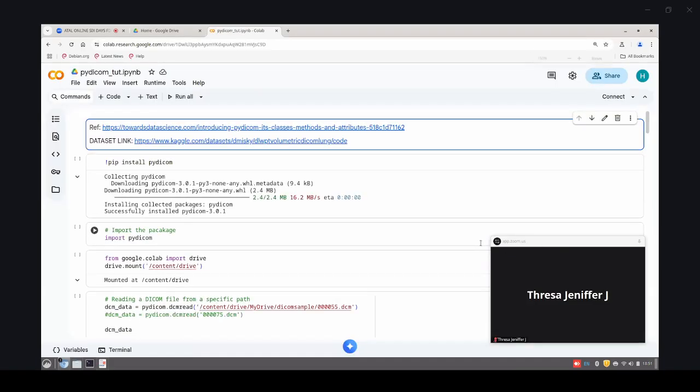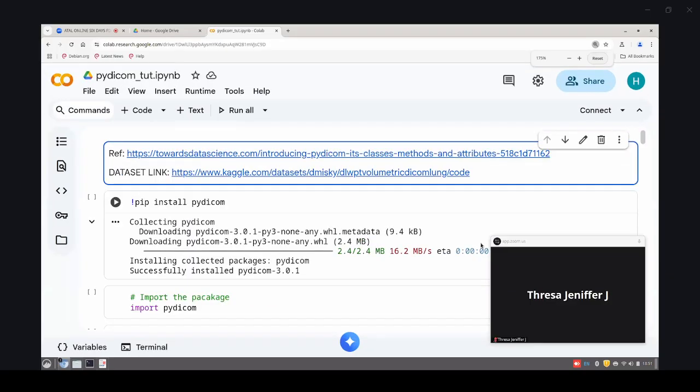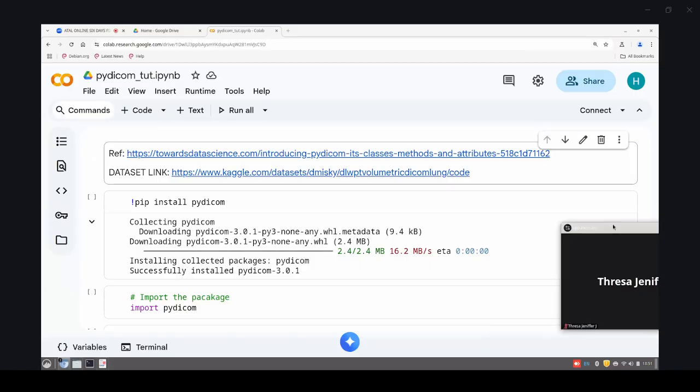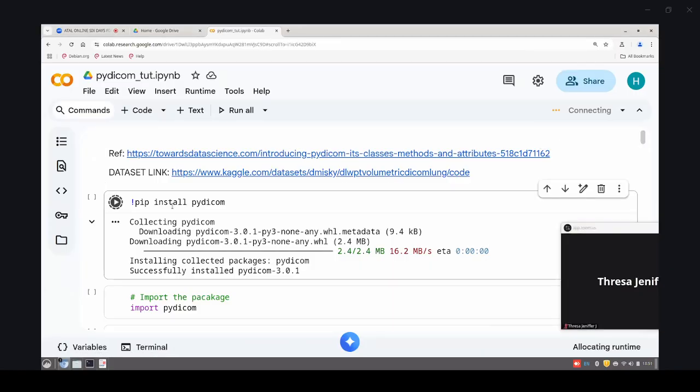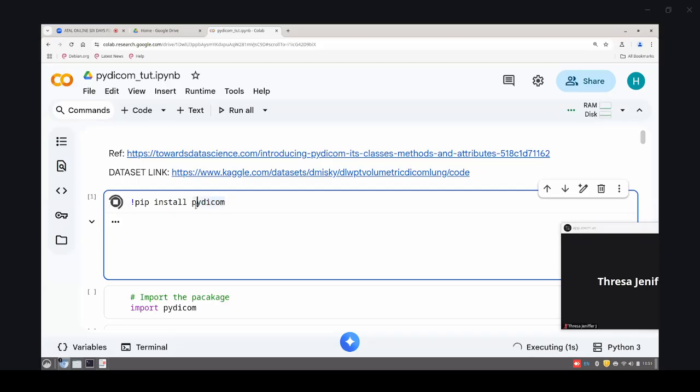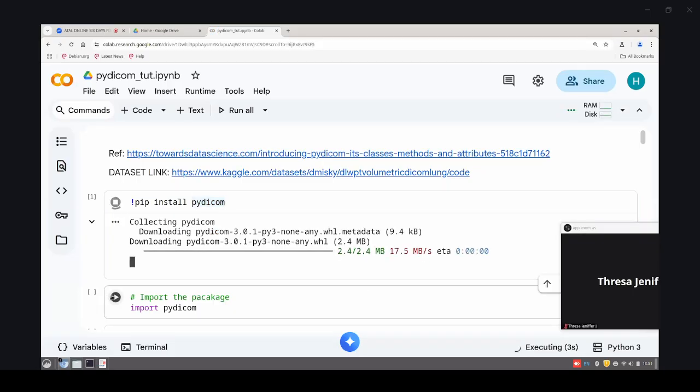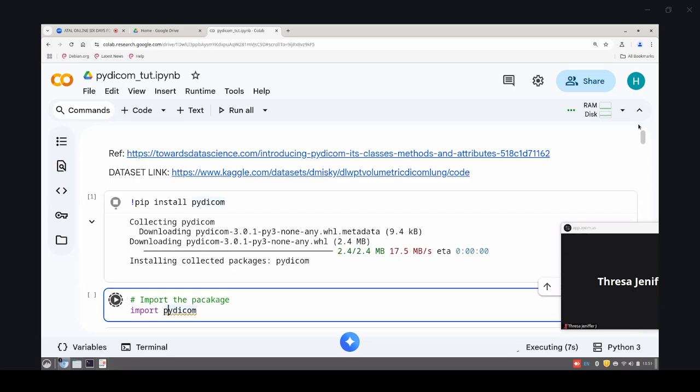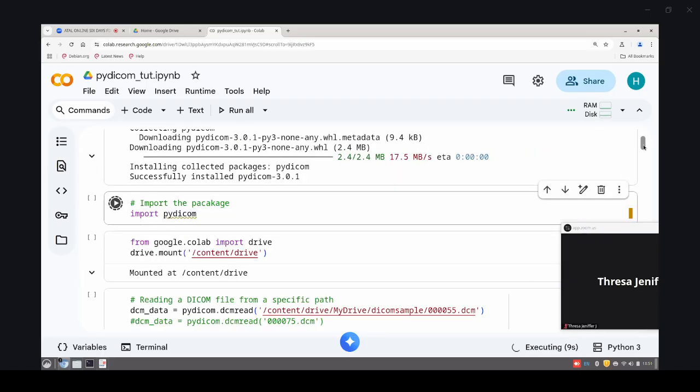I hope my screen is visible. To access DICOM standard images, you usually use a Python library called PyDICOM, which you can install by pip install pydicom, and then you have to import this PyDICOM library in your Python program to use it.